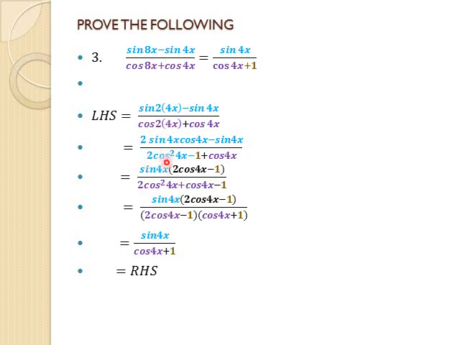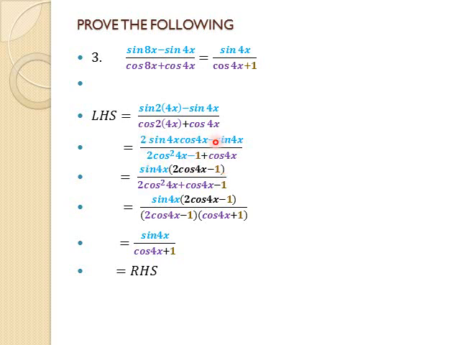That gives me 2 cos squared 4x minus 1 plus cos 4x. On top, on either side of the minus sign, there's sin 4x, which I take out as a common factor. If I remove this, what's left is 2 cos 4x minus 1.